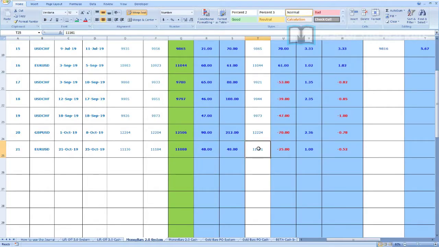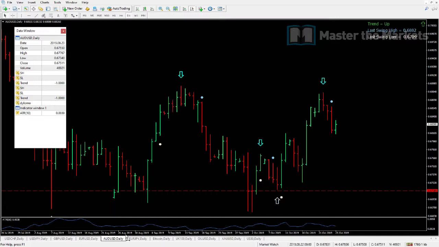Now, based on the live trading room, lift off, there's no trade. Go bars, no trade. Money bars, there was minus 0.52%, and we had minus 25 pips on that one there. So that was on money bars. Money bars is capturing the PSWB, but however we didn't capture that.